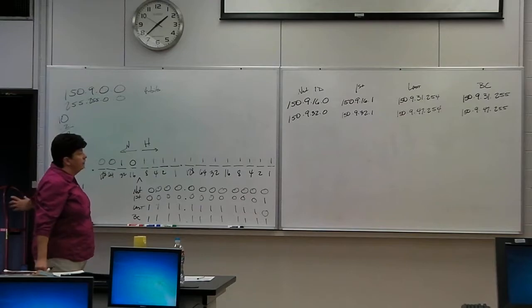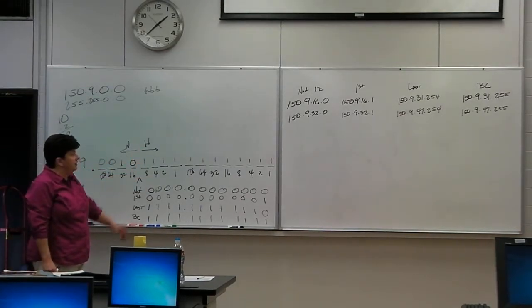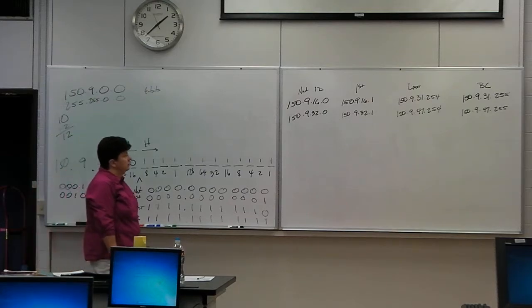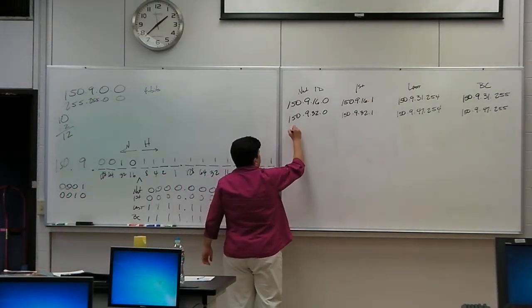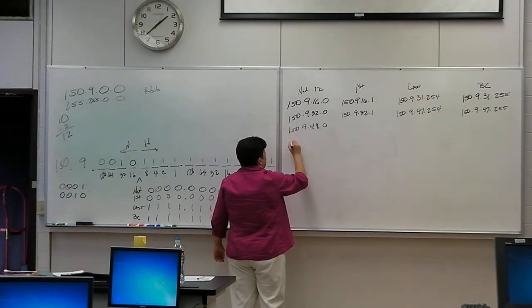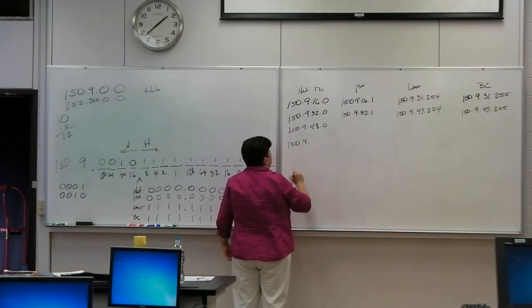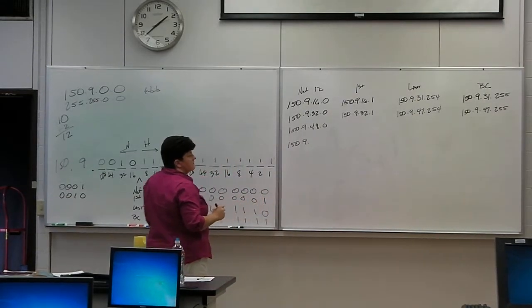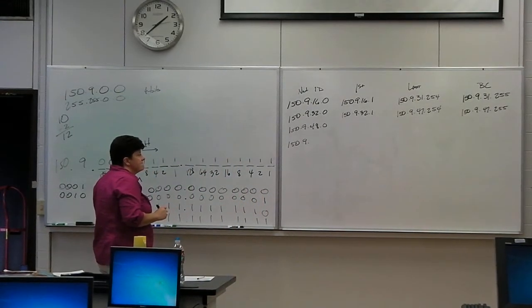Can you tell me without doing anything over here what our next network ID is? 150.9.32.0. What's next? 150.9.48.0.